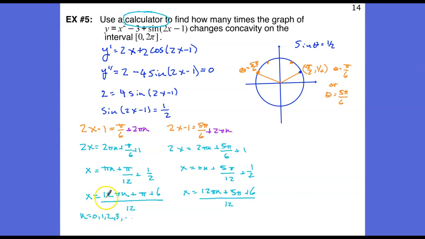And so what we'll do is we'll put each of these equations into our calculator for y1 and y2, and we'll just repeatedly substitute these values.